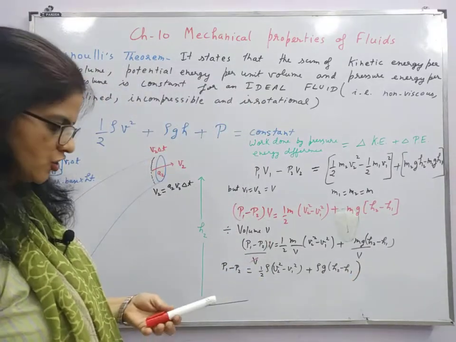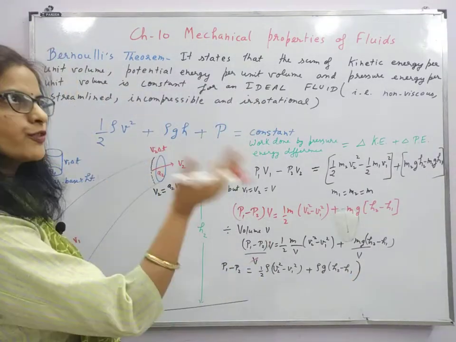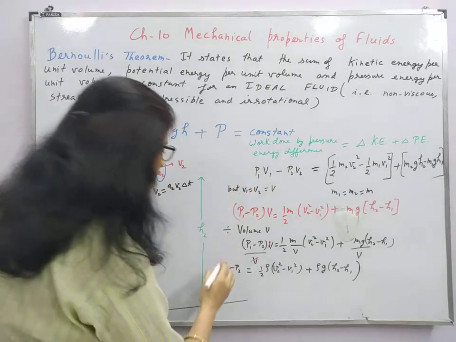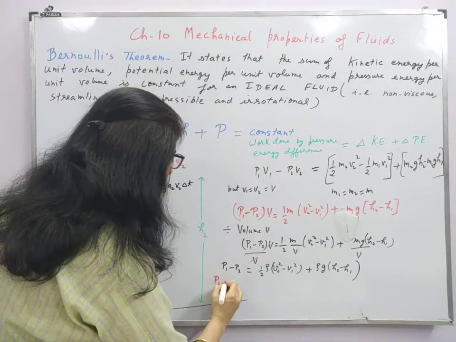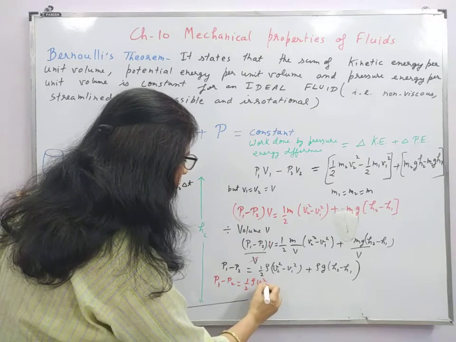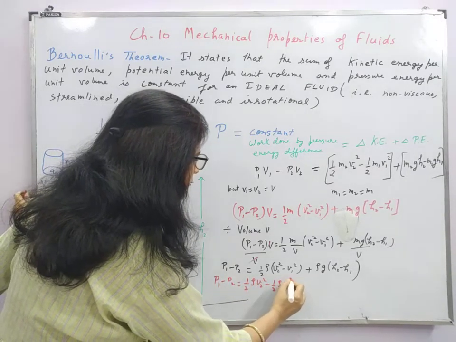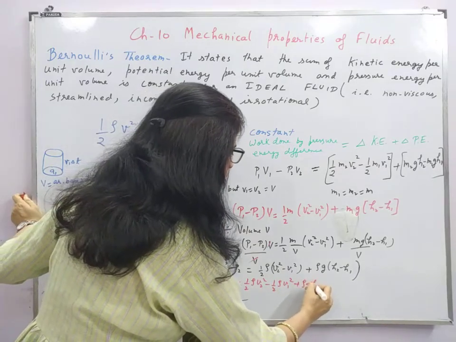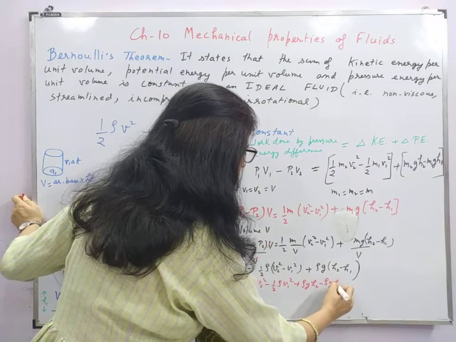If we rearrange, with one coefficients on the left side and two coefficients on the right side, we get P1 minus P2 is equal to half rho V2 square minus half rho V1 square plus rho G H2 minus rho G H1.